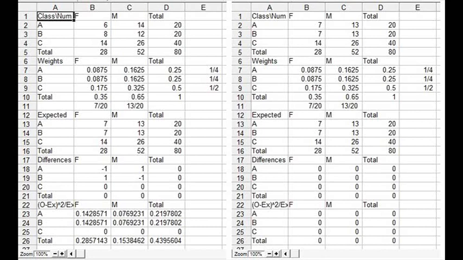But before we do, let's look at what I've put on the right-hand side, where all I did is rearrange classes A and B at the very top, where I increased and decreased 1 between the two types of students, where the 6 became a 7, the 14 became a 13. In Class B, the 8 became a 7, the 12 became a 13.